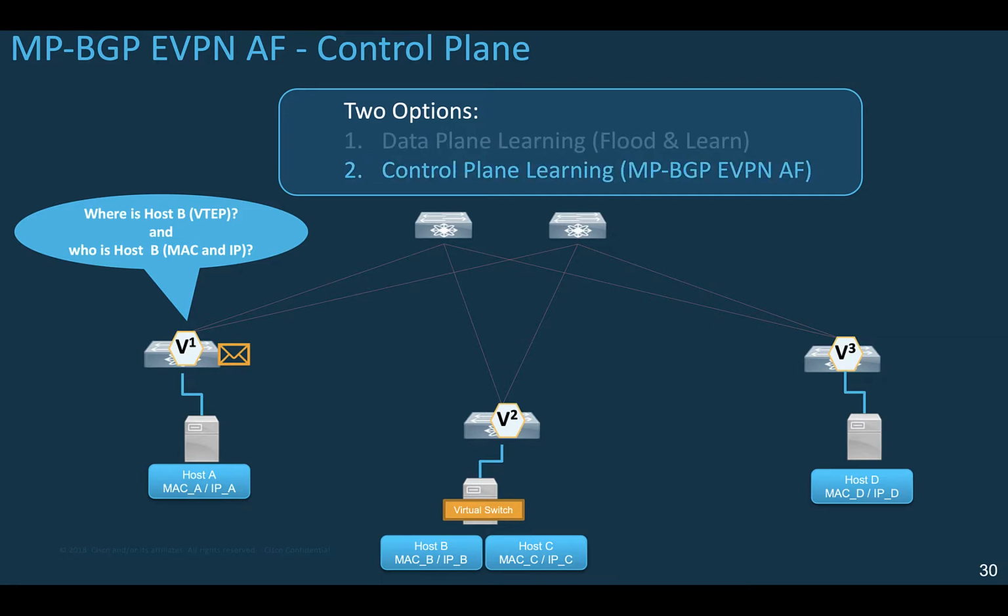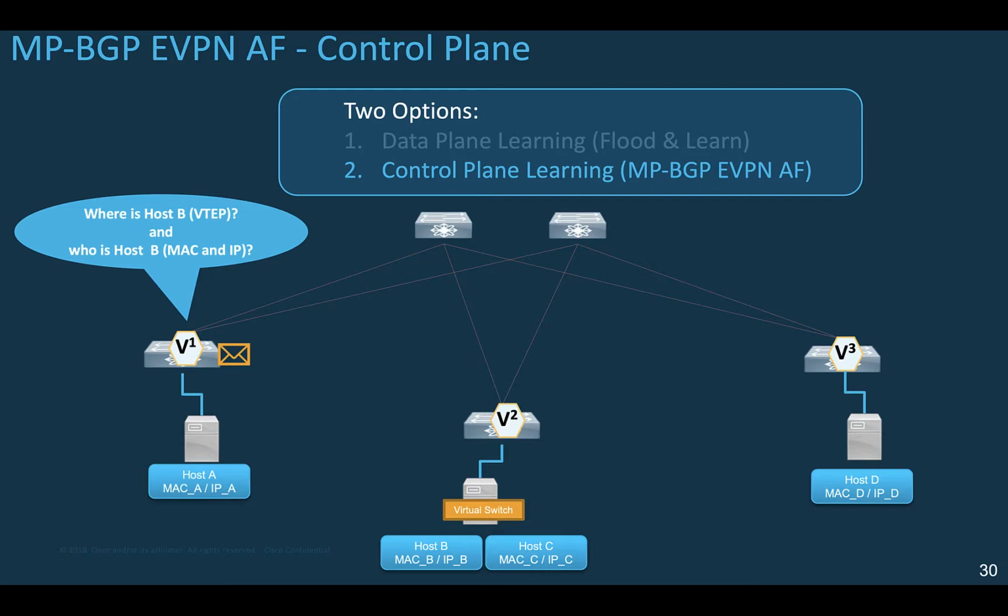With the second option, the fabric is deployed with the EVPN control plane, and then the MAC and IP addresses are learned and distributed by the control plane across all leaf nodes of interest. We recommend you leverage the MP-BGP EVPN address family control plane to drastically reduce the flooding of traffic across the fabric, right?